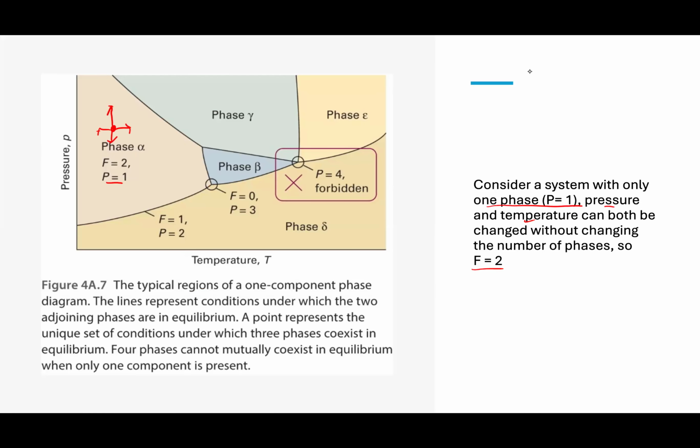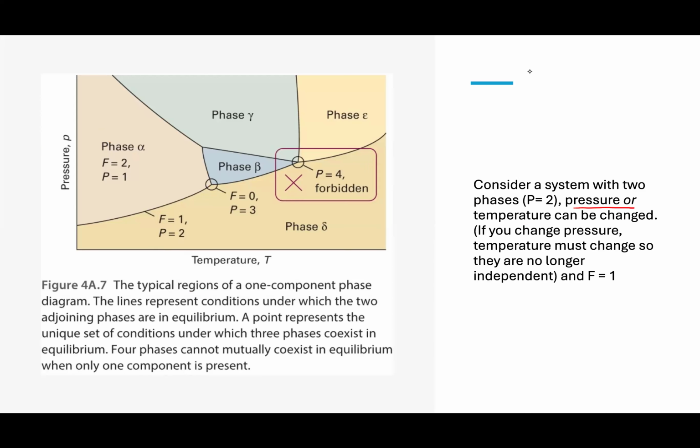If we are on this line right here, where we have these two phases interacting, we'll do phase alpha and phase delta. The mu value of phase alpha is going to be a function of pressure and temperature, and that has to equal the mu value of phase delta, also a function of pressure and temperature.